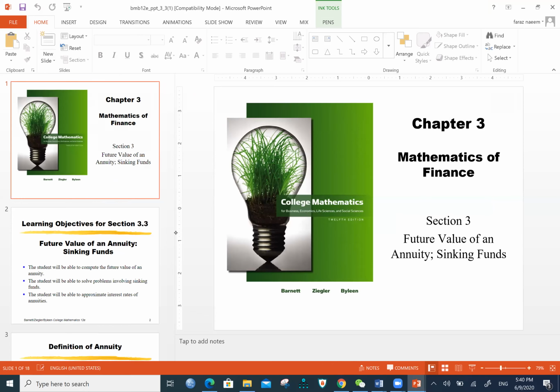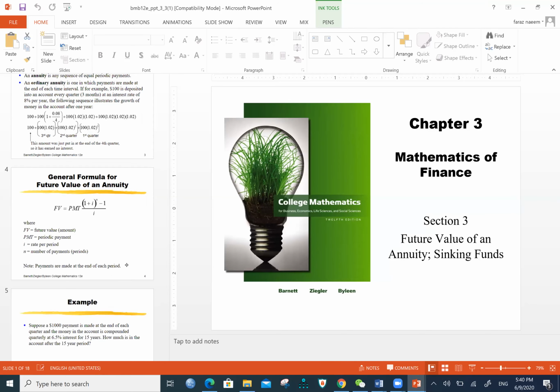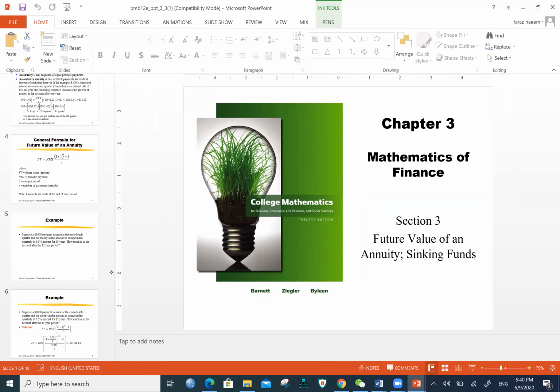And if after reading the statement it gives you the feeling that you are left with zero balance in your account, then it is a present value of annuity.